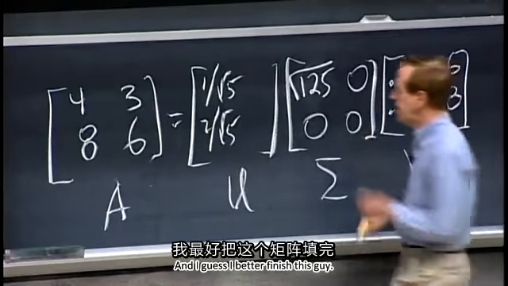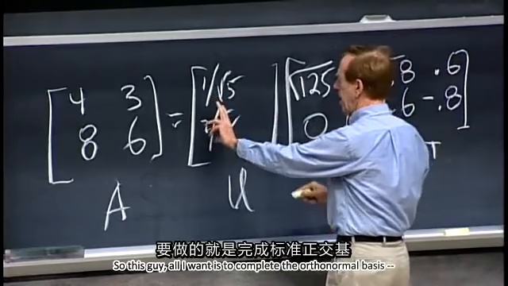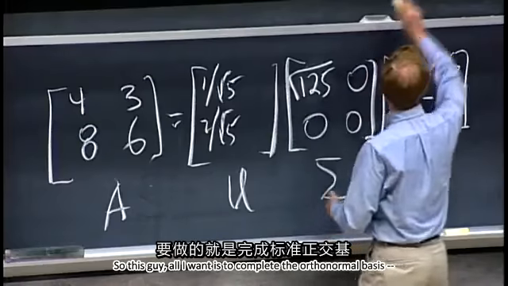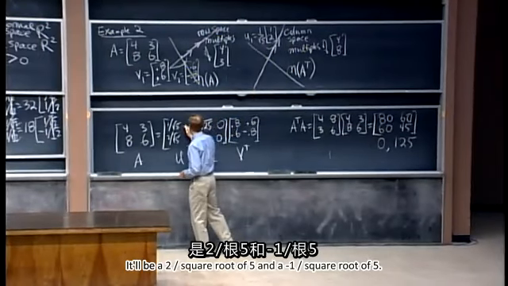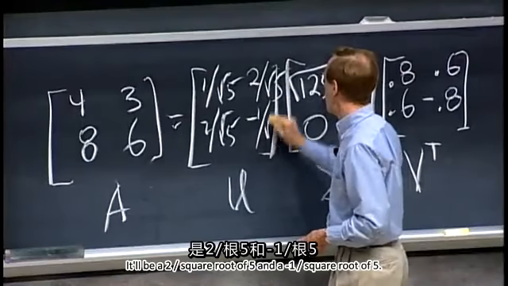Okay. And I guess I better finish this guy. All I want is to complete the orthonormal basis. It'll be 2 over square root of 5 and minus 1 over square root of 5.